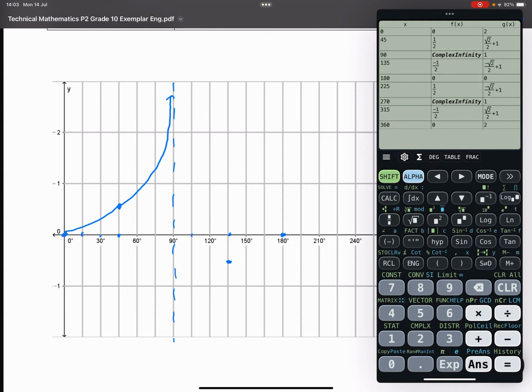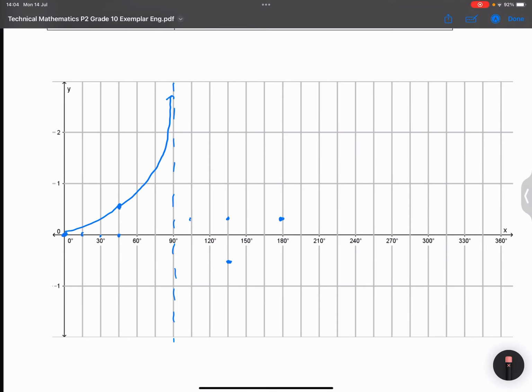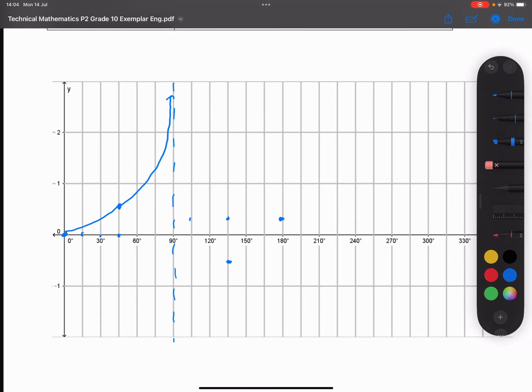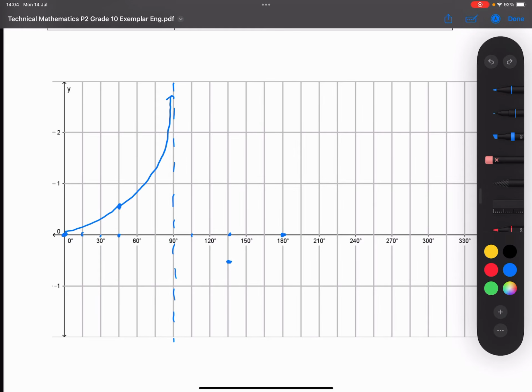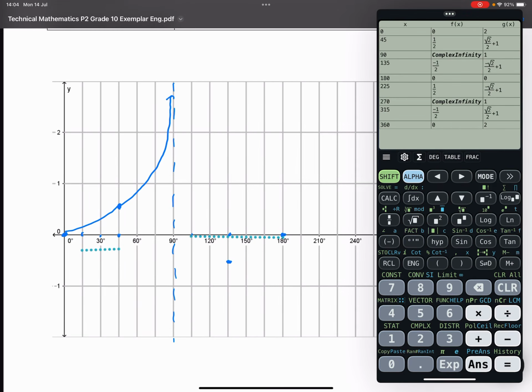I just did something there. Let's just undo that. Okay, so just to continue, so we said there is our graph, and this is what it looks like.